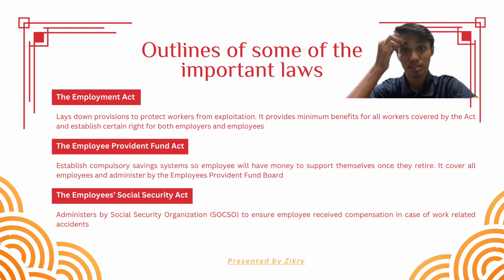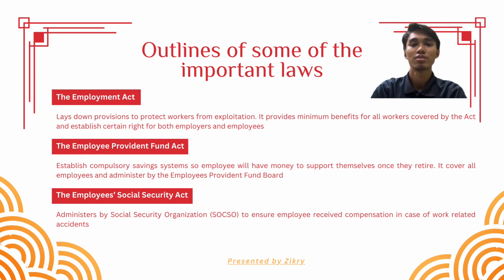Okay, so lastly is the Employees Social Security Act, which is administered by the Social Security Organisation, SOCSO, to ensure employees receive compensation in case of work-related accidents. Contohnya macam kita boleh guna duit yang kita simpan yang ada dekat SOCSO tu kalau kita kemalangan.